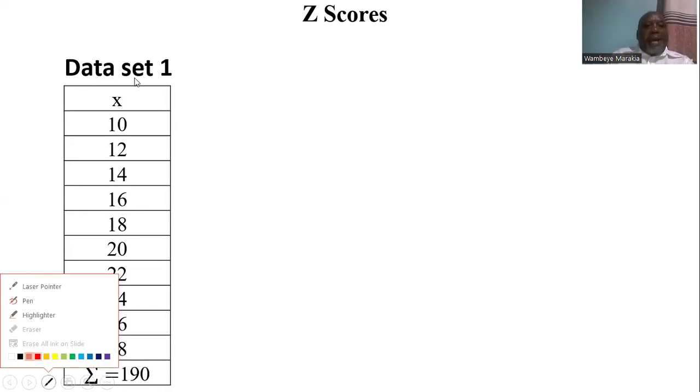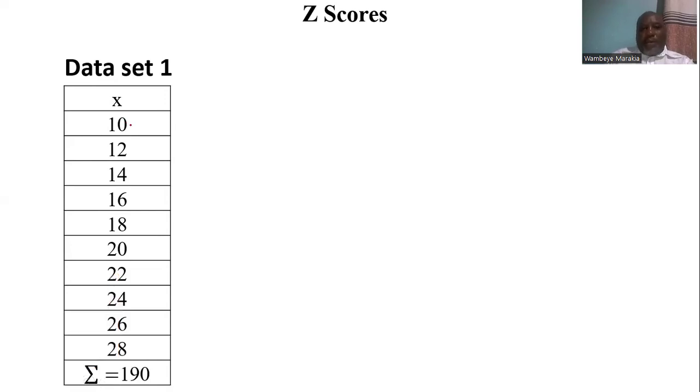You add 10 plus 12 plus 14 plus 16 plus 18 plus 20 plus 22 plus 24 plus 26 plus 28. The sum will be 190.